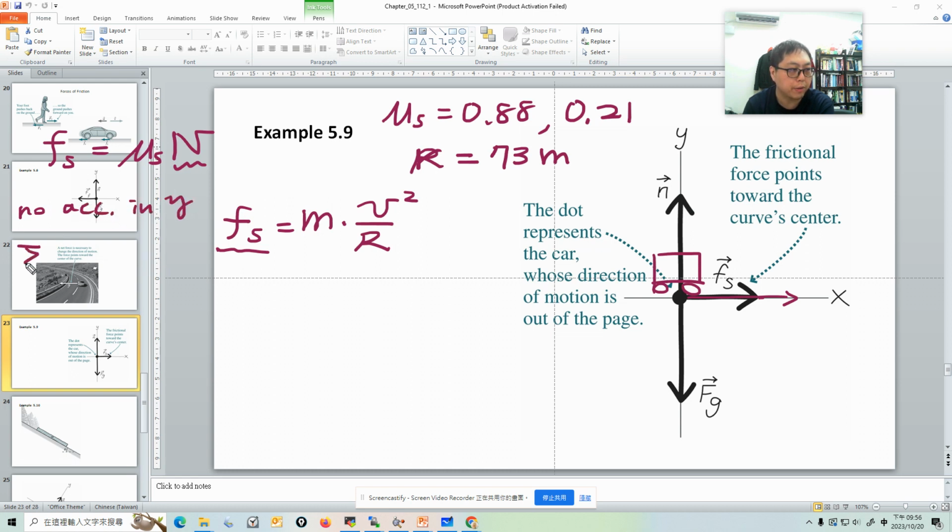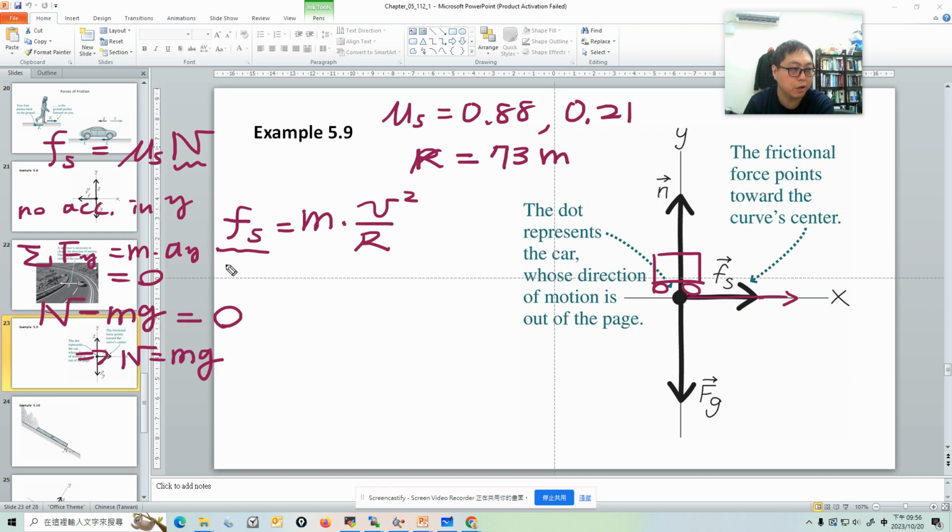So the summation of Fy is equal to m times ay, which is 0. Let's assume positive is upward. So it's your normal force minus mg, the weight of the car, equal to 0. So the normal force is equal to the weight of your car.